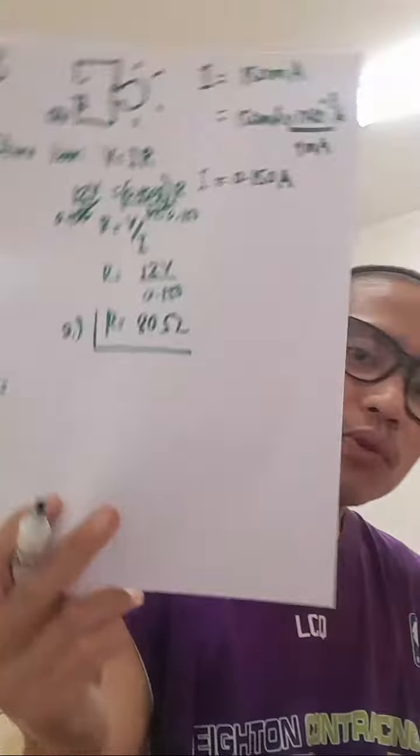So for power, we will use the formula that involves resistance and current, because we already computed the current and R here. Or it's up to you, as long as there are values already, then you can substitute directly. But here, I prefer to choose the computed ones. Let's say I squared times R. Our current is 0.15 ampere raised to the power 2, and our resistance is 80 ohms.